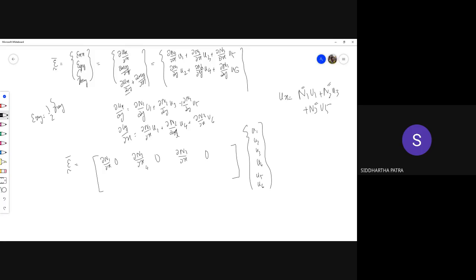Do you get the idea of how it is happening? I'm only picking u1, u3 and u5 in the first row. Can you tell me what would be the second row?